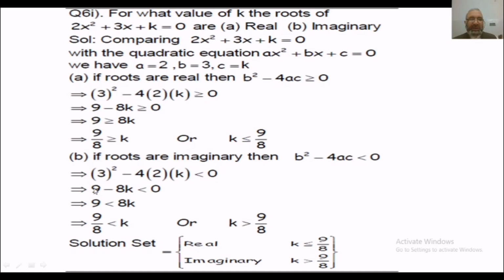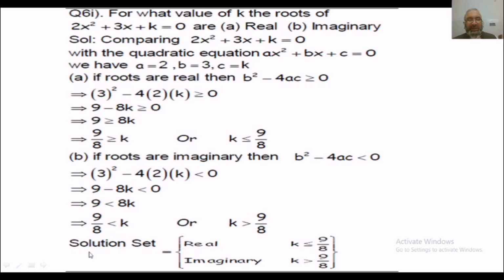Simplifying, 9 minus 8k is less than 0. Transferring minus 8k to the right side, this becomes 9 is less than 8k. Now we have to find the value of k, so divide both sides by 8. This becomes 9 by 8 is less than k. Reading from the other side, we can simply write k is greater than 9 by 8.